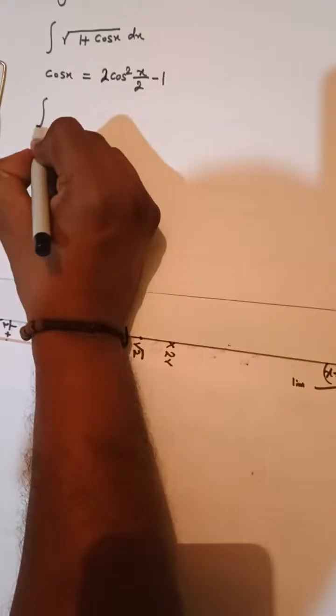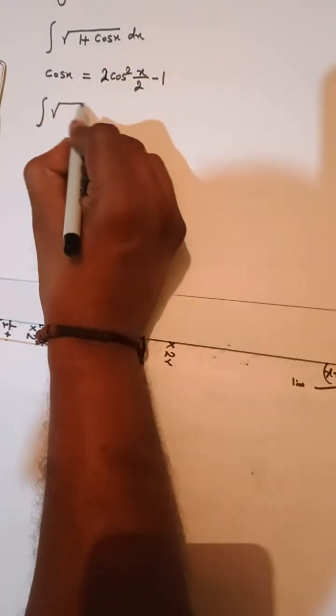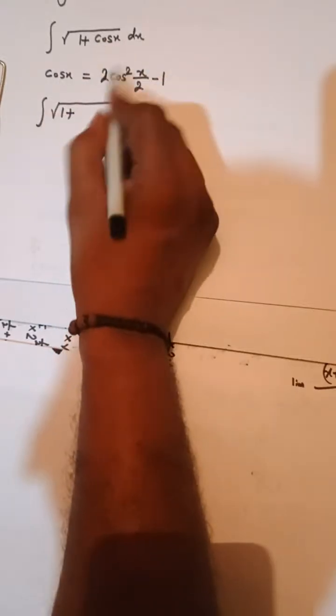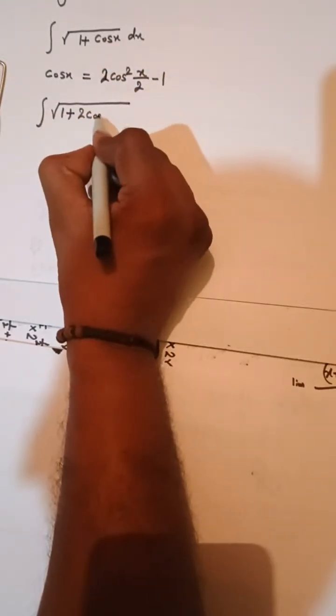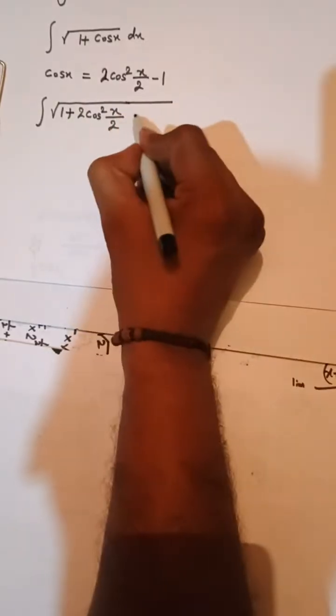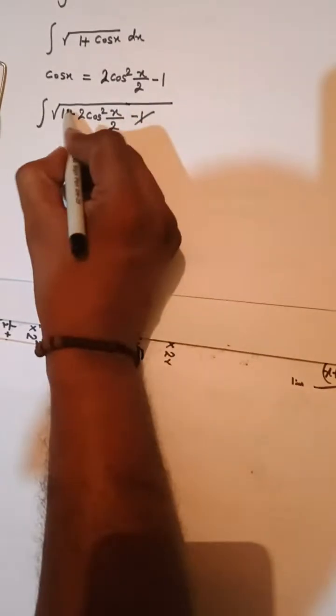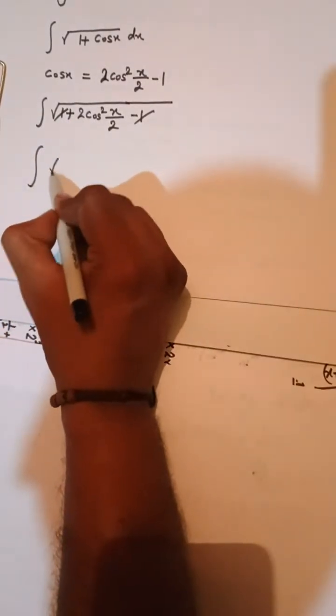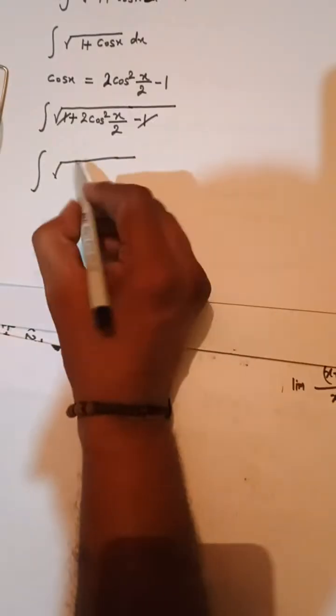I'm putting this concept here: root under 1 plus the same, and then cos x can be written as 2 cos square x by 2 minus 1. This minus 1 and plus 1 will cancel, so we have here root under 2 cos square x by 2, and dx will be as it is.